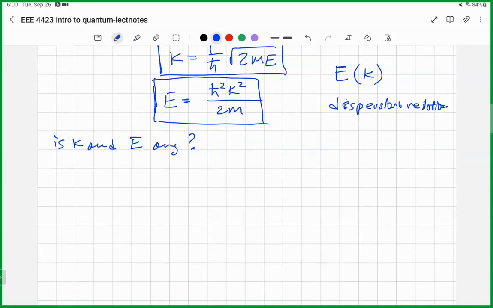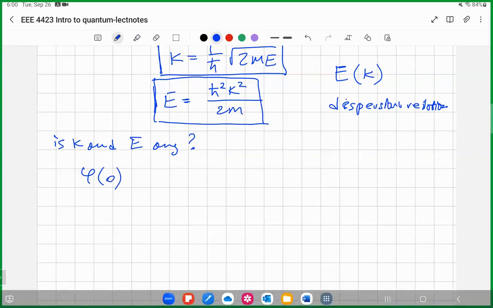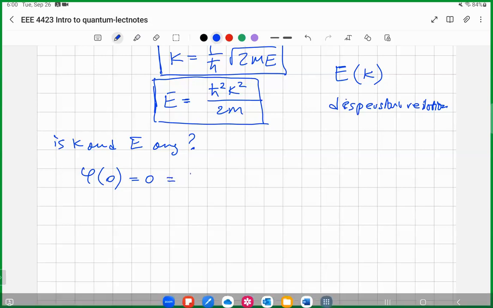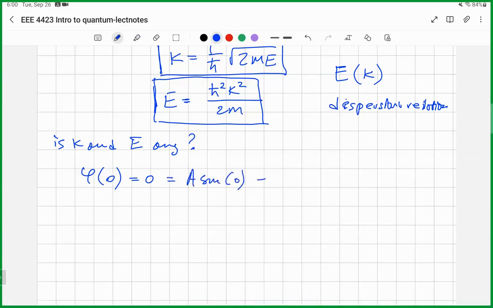So we know that this phi at the boundary is supposed to be equal to 0, because outside it is 0. That means it must turn to 0 at the boundary, right? So phi at the first boundary is equal to 0, but on the other hand, it's equal to a sine 0 plus b cosine 0, right?